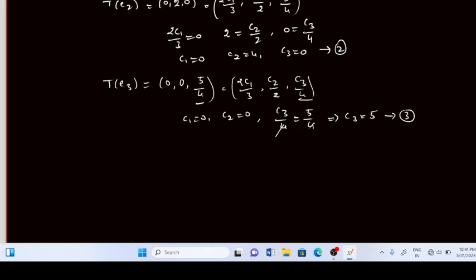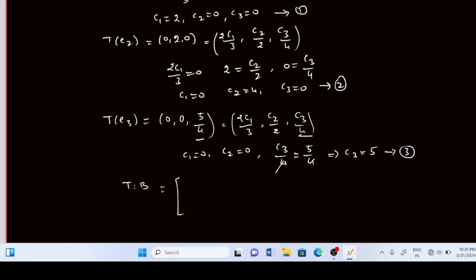So we have the transformation with respect to the basis. Equation number 1: what is equation number 1? We have 2, 0, 0. We write it in terms of columns, and equation number 2 is 0, 4, 0, and equation number 3 is 0, 0, 5.